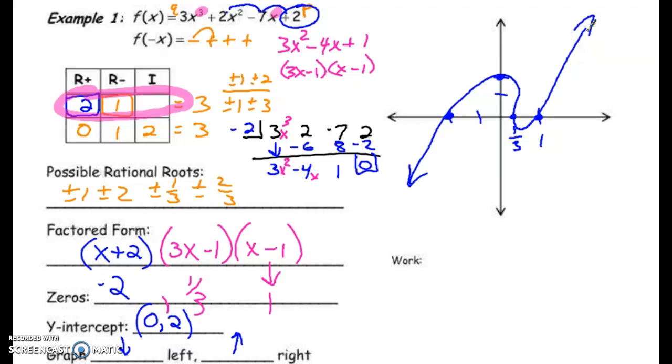Let me redo that graph for you one more time. Make it a little bit nicer. There you go, folks. So 1, 2, 3 spots. There's a 1/3, a 1, and a negative 2 right there. And there's my y-intercept of 2. Hope you like it, folks. There you go.